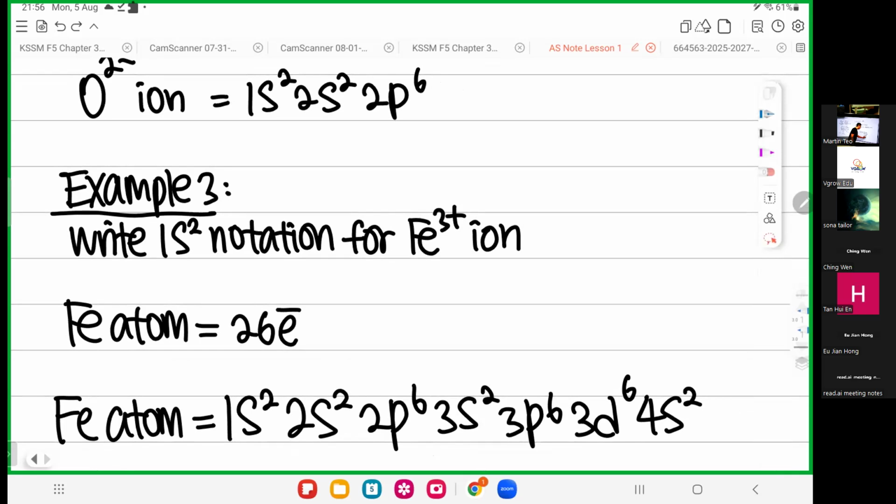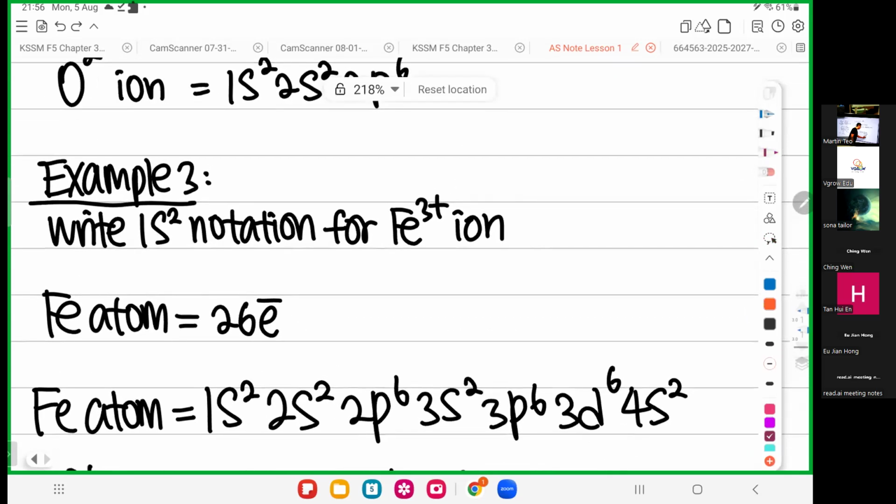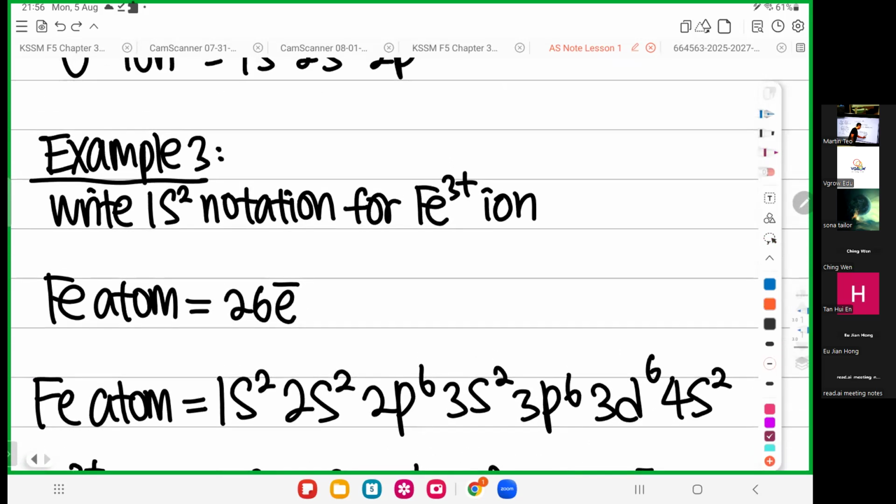Okay, but don't need to beautify yet because I want to make it ion. You only beautify after you make it ion, after you donated the electron or received electron. So what I want is Fe3 plus. To make Fe3 plus, I need to donate 3 electrons.